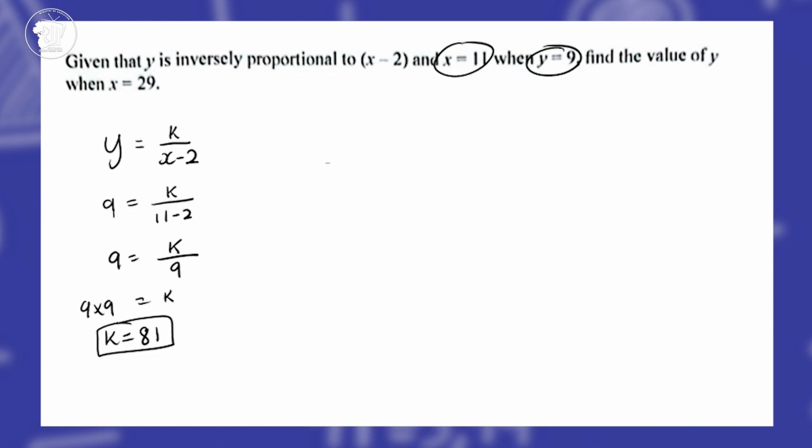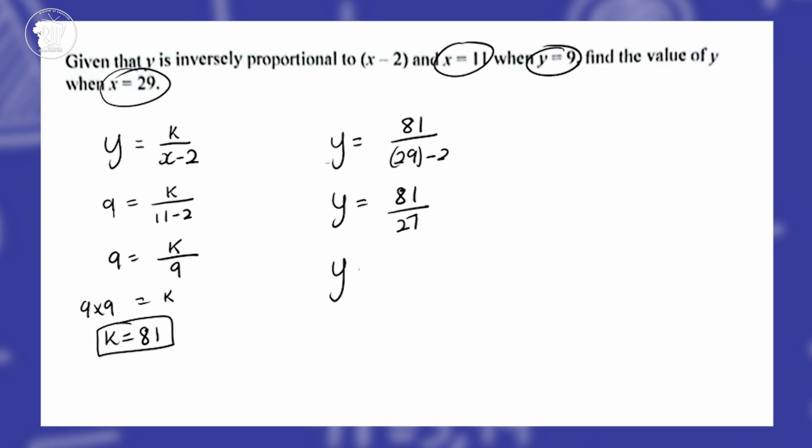The next thing they want us to find is the value of y when x is equal to 29. So y would be equal to k, which we know is 81, over 29 minus 2, which is 27.